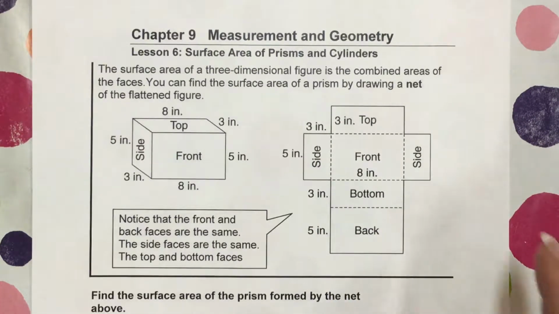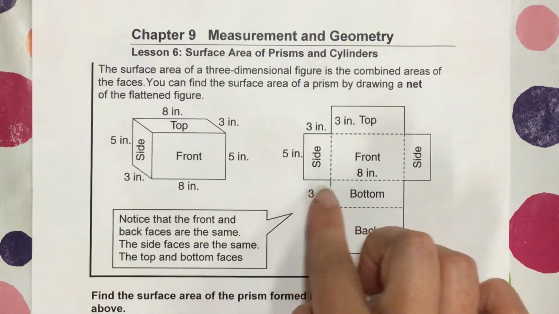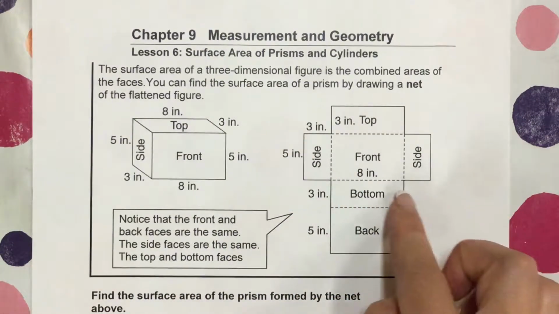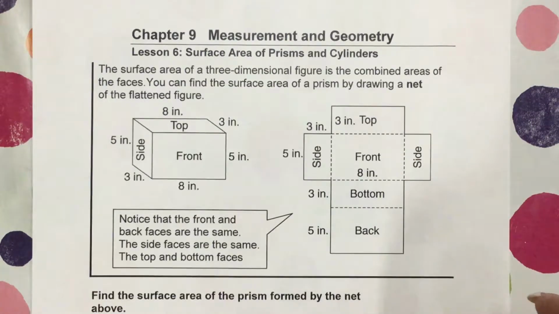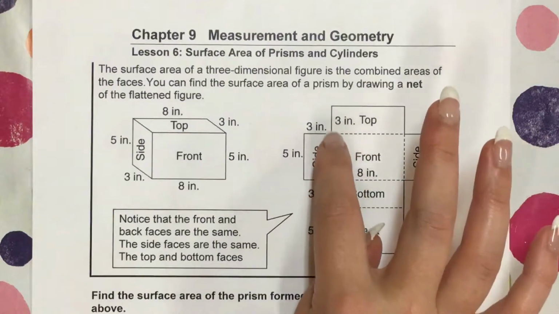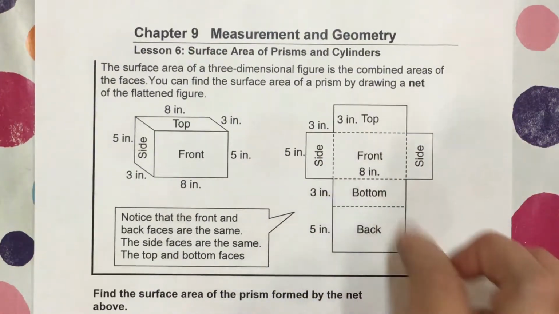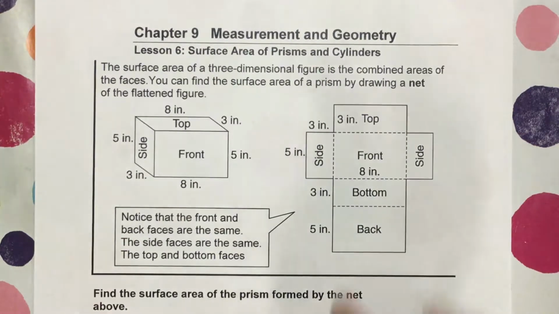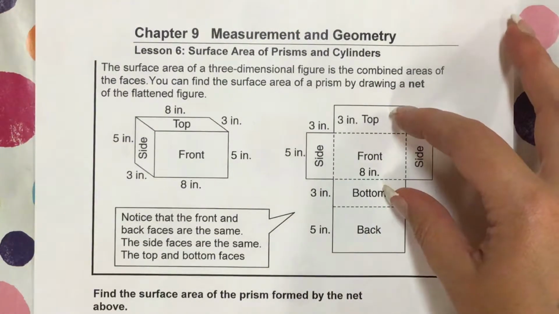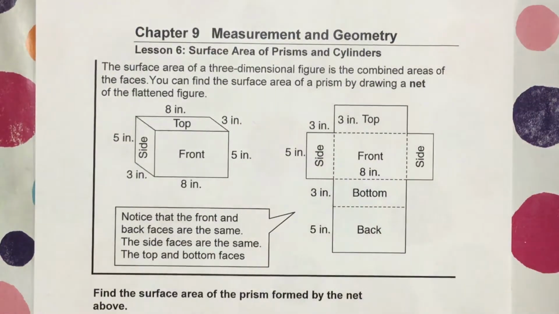They're the same. The side faces are also the same. So this side face is 3 by 5, and this side face is also 3 by 5. And the top and the bottom are also the same. This is the 3 by 8 and a 3 by 8. So there's 2, these are the same, top and bottom, front and back, side to side.